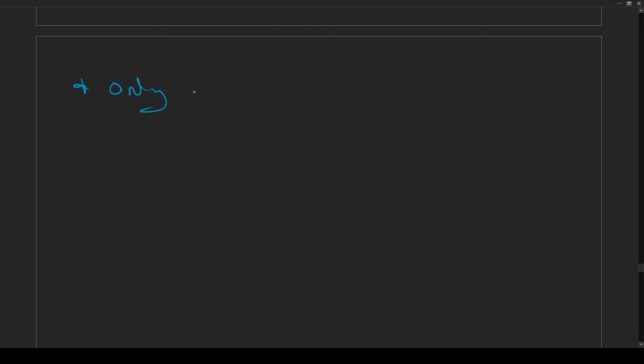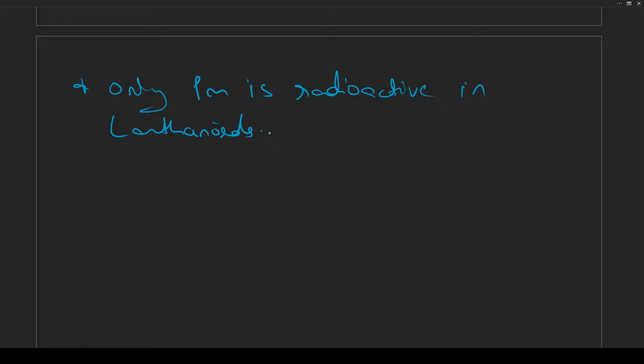Only promethium is radioactive in lanthanoids. All are radioactive in actinoids. Binding energy of 4f electrons are higher in lanthanoids.